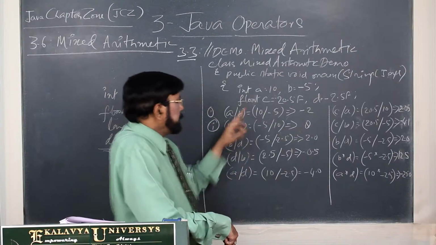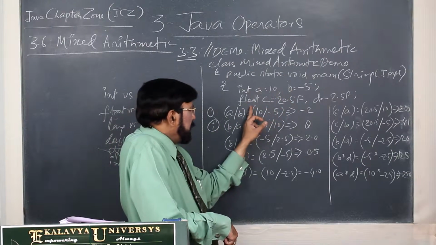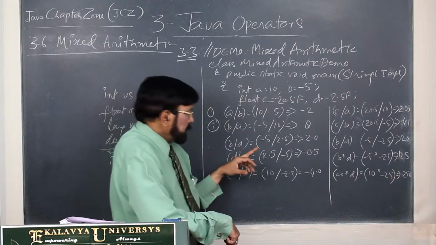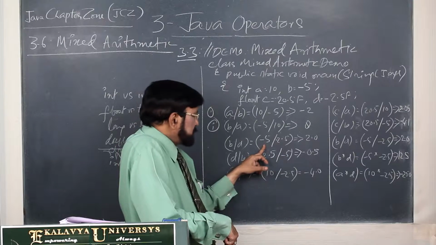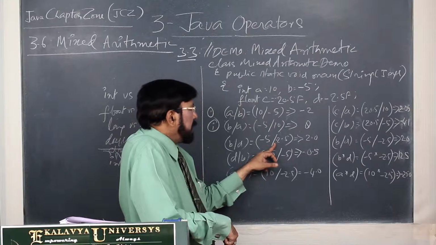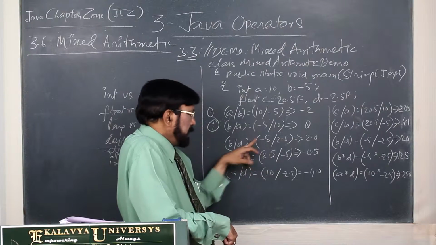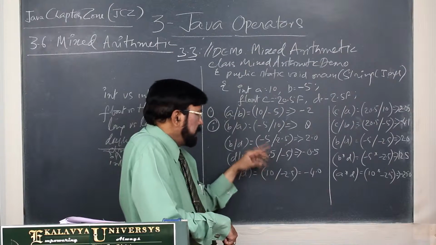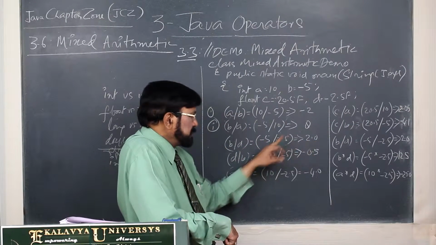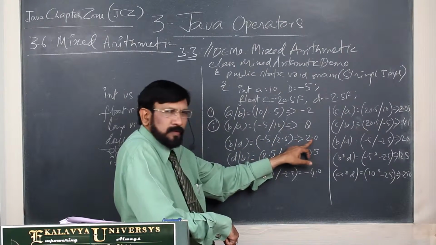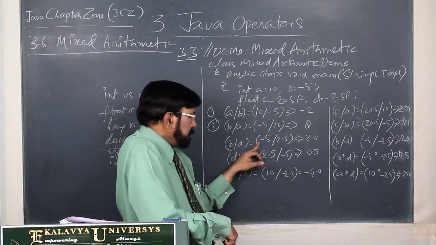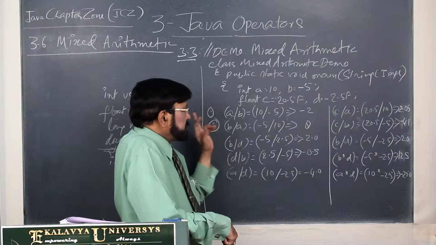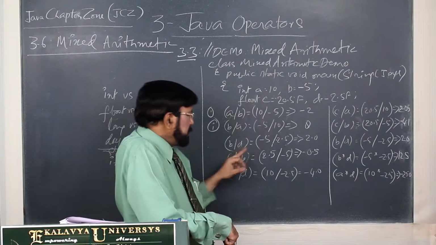Thereafter, B by D. B is int and D is float. So this is mixed arithmetic. Now you see minus 5 by minus 2.5, minus minus, then this will be 2.0. Cross checking, you see minus 2.5 into 2.0 is minus 5. Okay, and thereafter D by B. D is float and B is int.